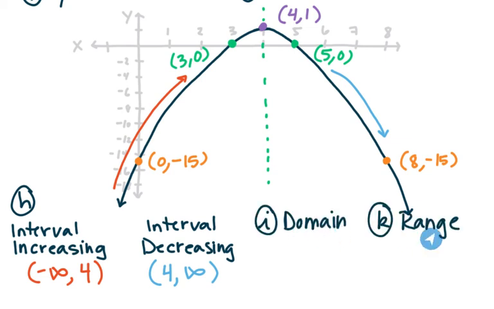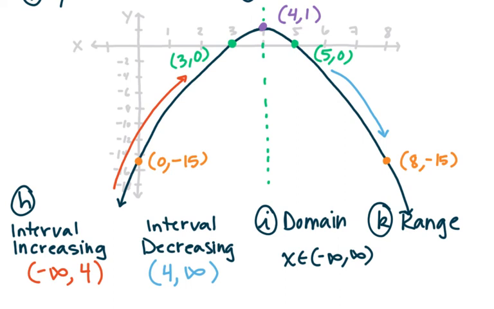And of course, for our last two parts, this problem wouldn't be complete unless we talked about the domain and range. Now remember, domain is the horizontal span, and it does appear that the graph goes to the left and right forever. So my domain here is all real numbers, that x is in the set from negative infinity to positive infinity.